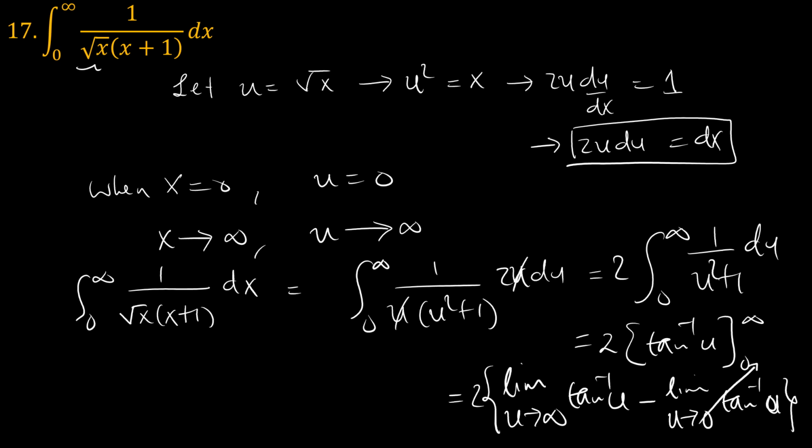So this tends to 0 and this tends to pi over 2.